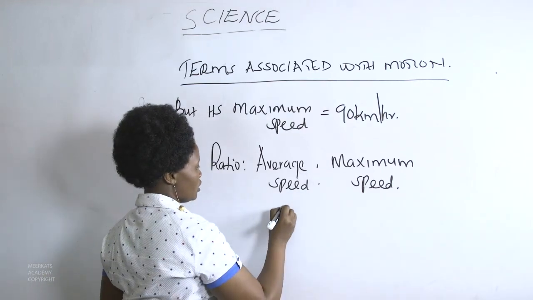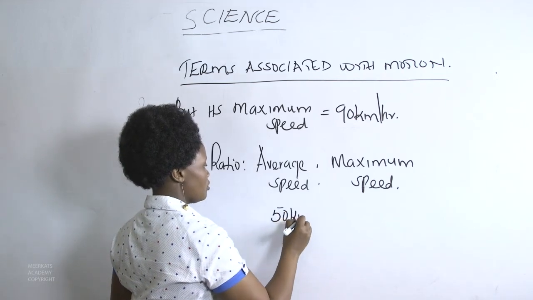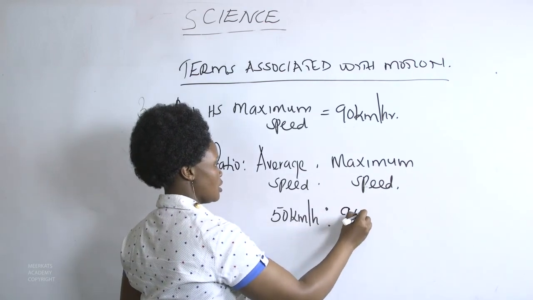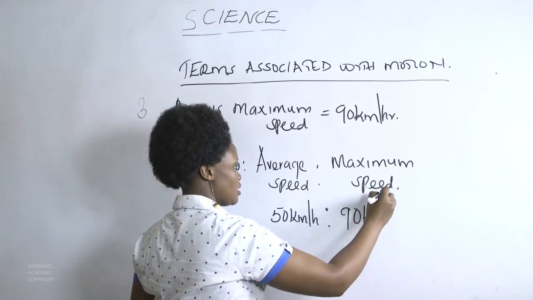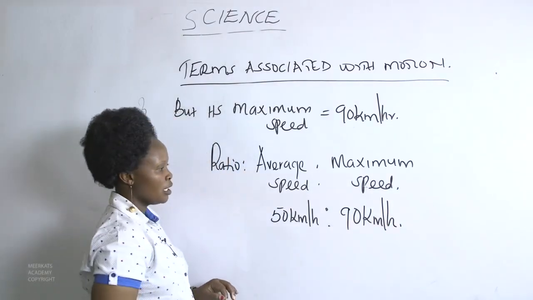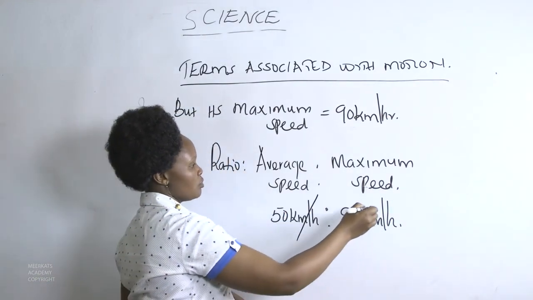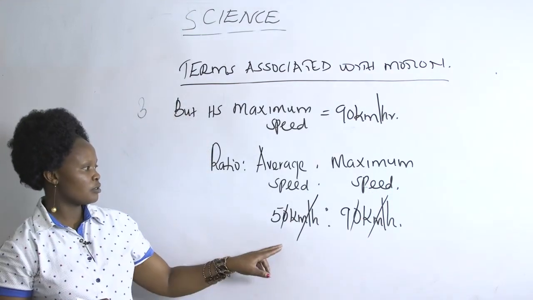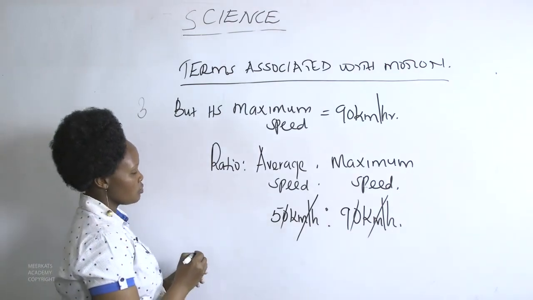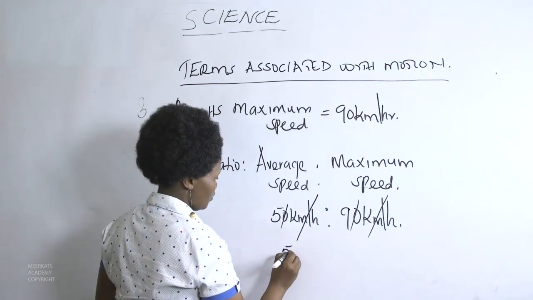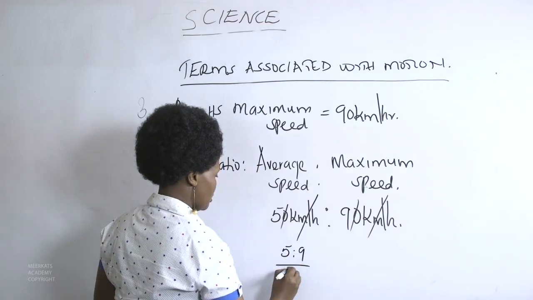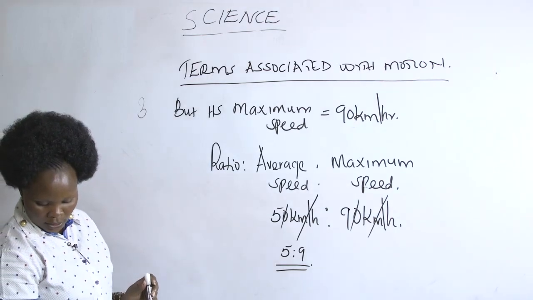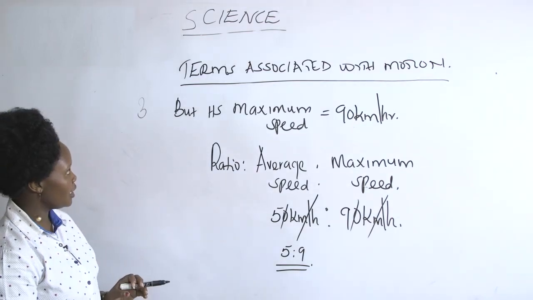The average is 50 kilometers per hour and the maximum is 90 kilometers per hour. Now the units will go. Again, we can divide both sides by 10 so that we are left with a ratio of 5:9.